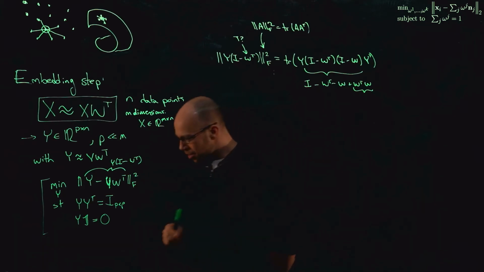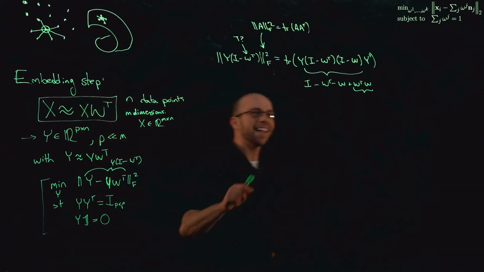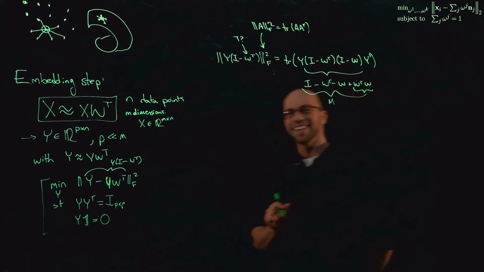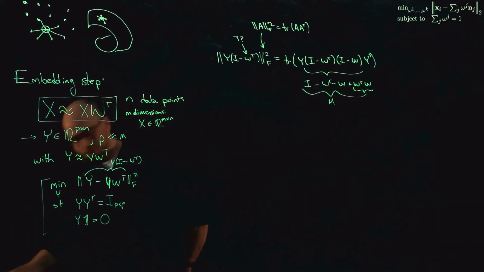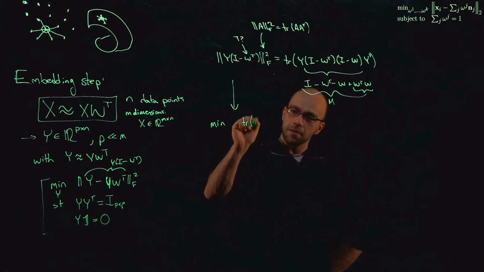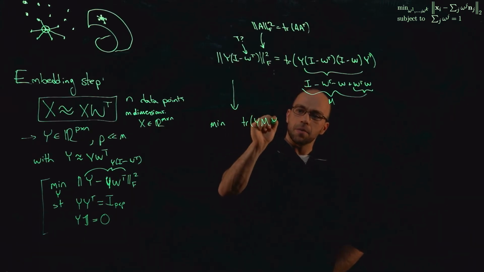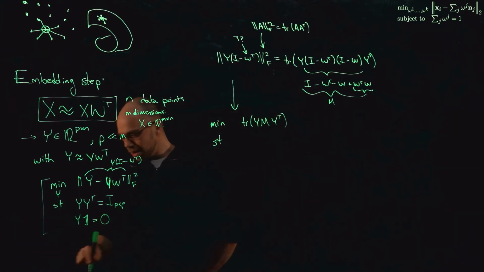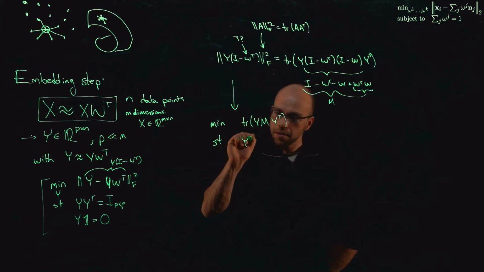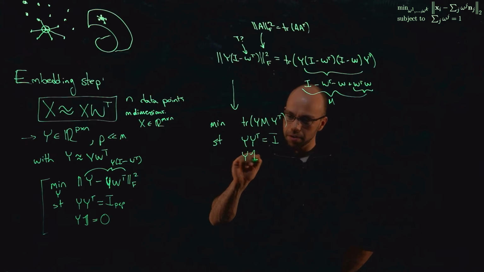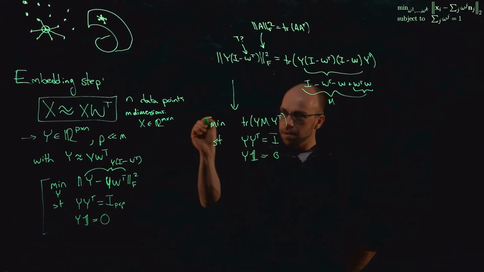But in any event, what we're going to do, because I'm bad at math, is just give this thing a name, and we'll call it M. So if we factor M out, then our optimization problem becomes: minimize the trace of Y M Y transpose such that Y Y transpose equals the identity, and Y times the vector of all ones equals 0.